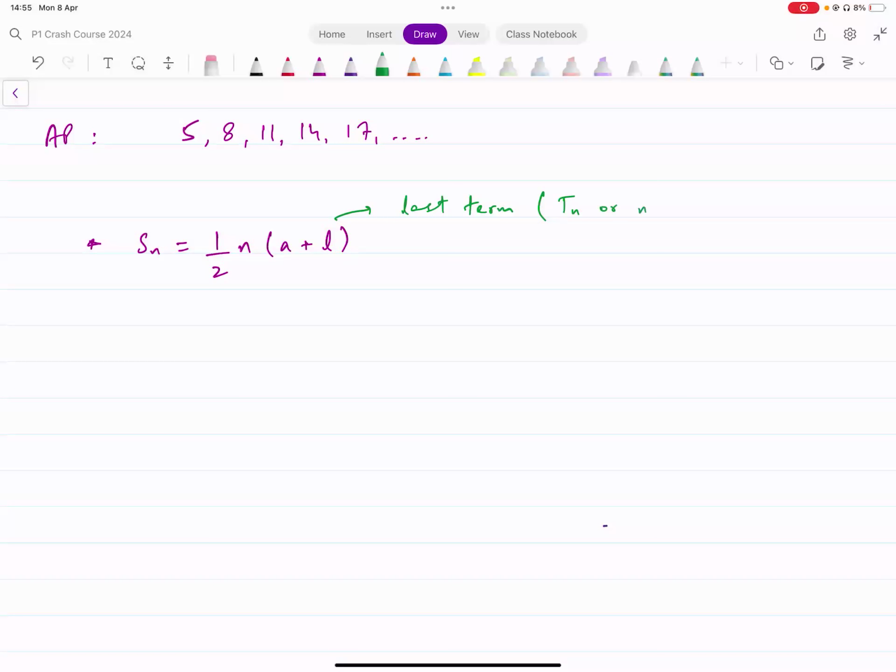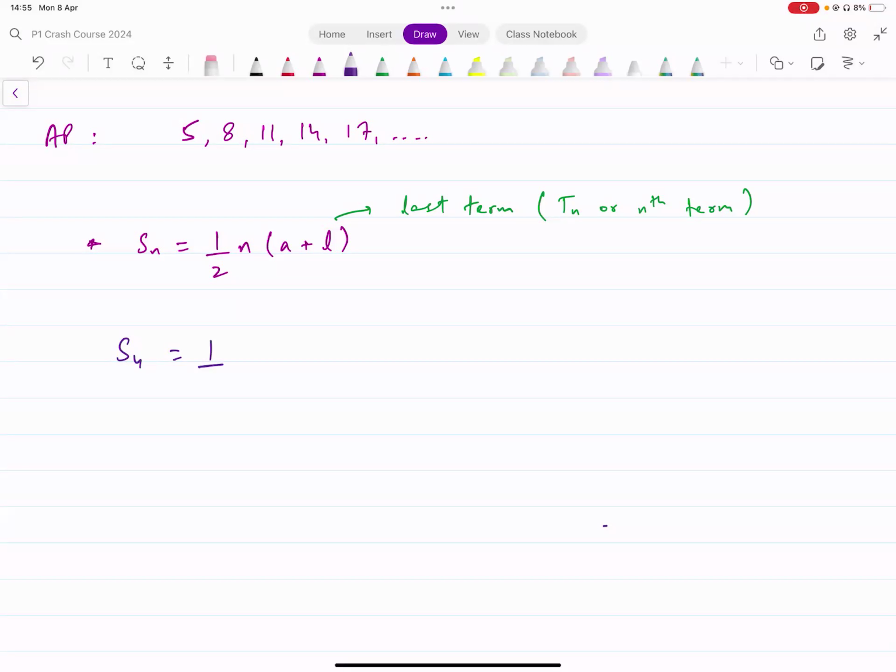Now let me explain how you would actually use that. The letter L here comes from last term, but there's a specific meaning for that. It means the nth term. Now, how are we going to use this? If we were looking, for instance, for S4, the sum of the first 4 terms, how would we use this formula?